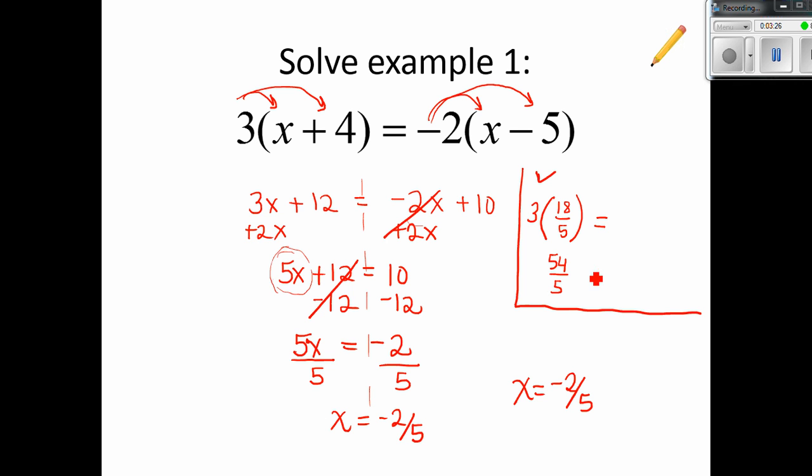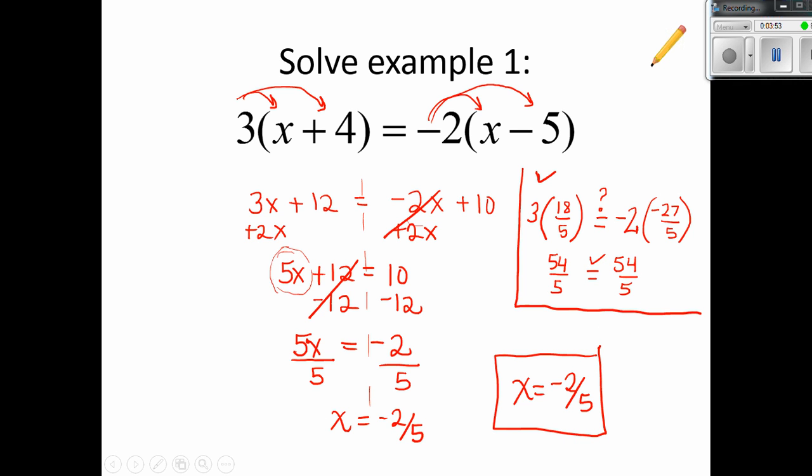And then I'm going to make sure that the other side is also the same. So I'm going to go ahead and plug in negative 2/5 minus 5, and I get negative 27/5. I take that times negative 2, and I get 54/5. I have just verified that negative 2/5 makes the statement true.